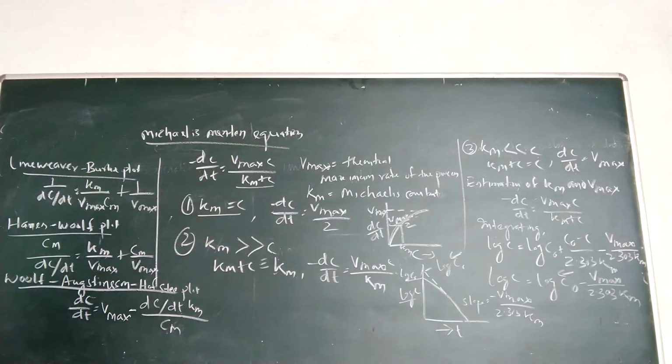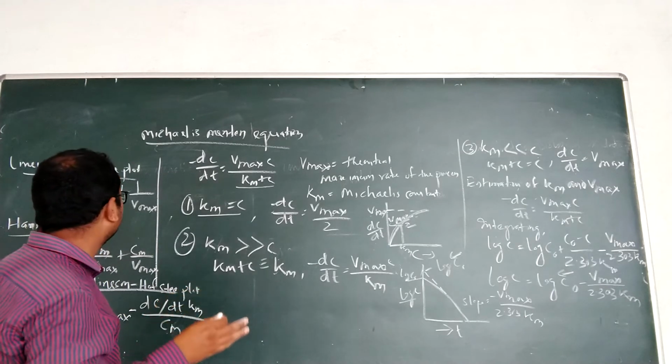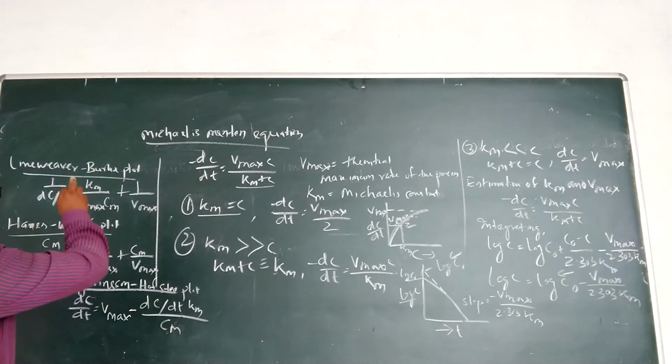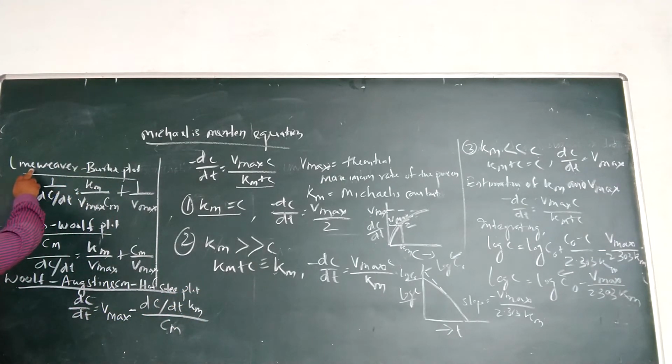These are the estimation parameters. There are different types of plots possible as per different equations. One plot is the Lineweaver-Burk plot: 1 divided by dC by dt equals Km divided by Vmax Cm plus 1 divided by Vmax.